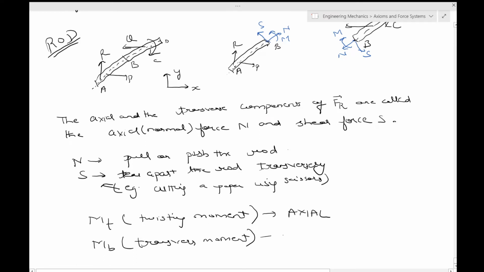This is transverse. Sorry, this is a bending moment, I'm sorry. Bending, and this is transverse. Needless to say, MT is the one which tries to twist, okay, and MB is the one which tries to bend. And the names are already clear about it.